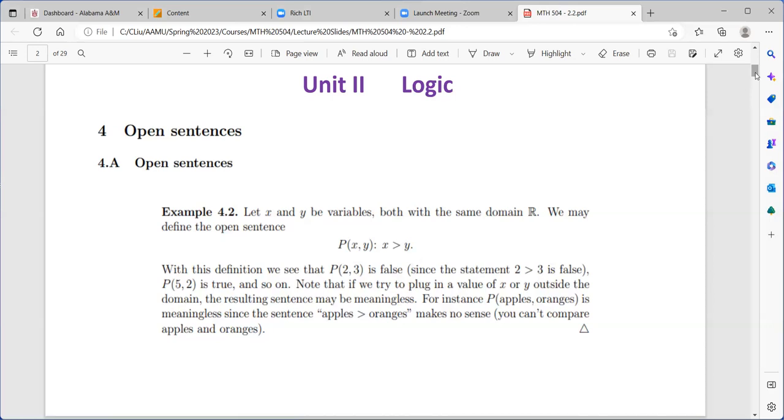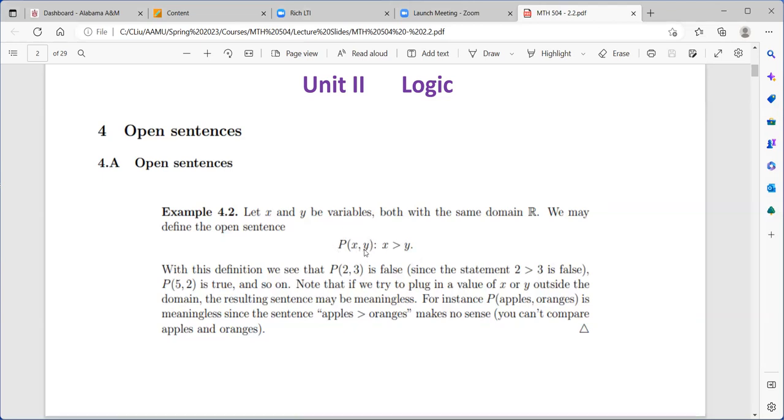Okay. So you see the difference in notation. In the notation of an open sentence, you have variables x and y. But if you change these variables to numbers, then it becomes a statement.